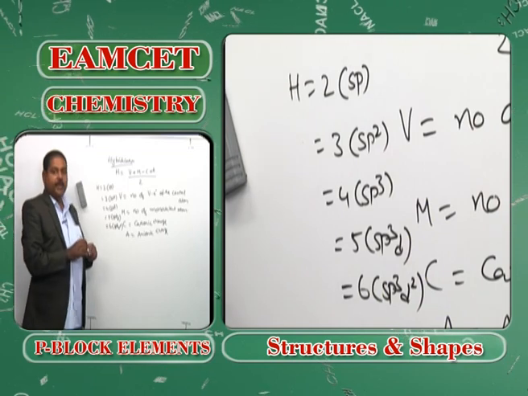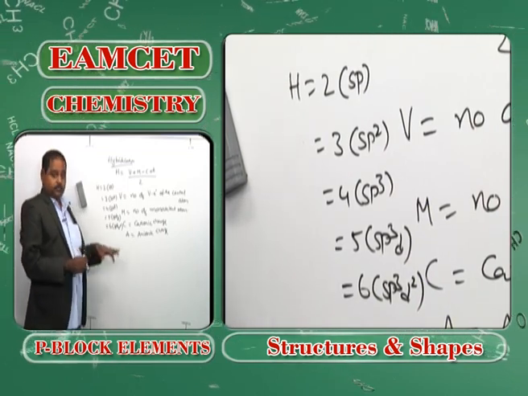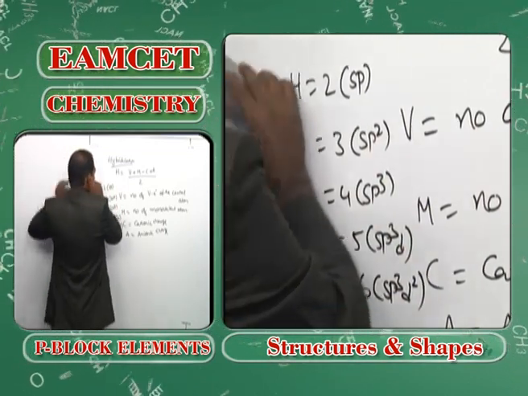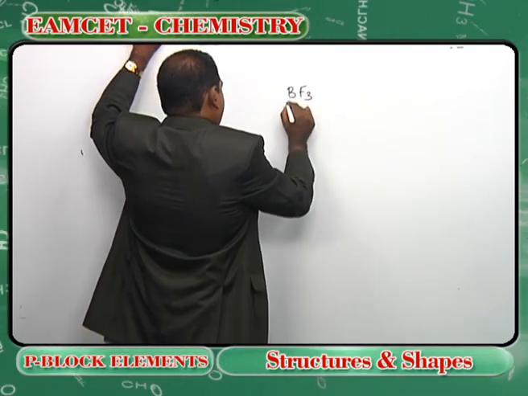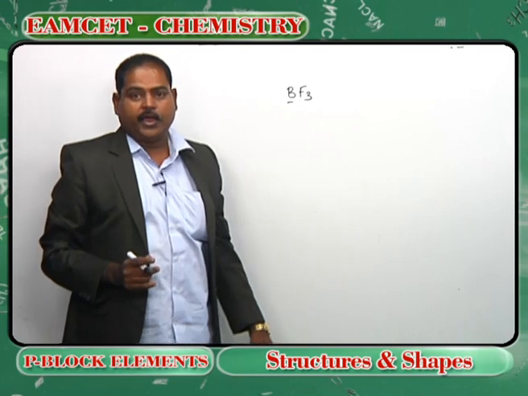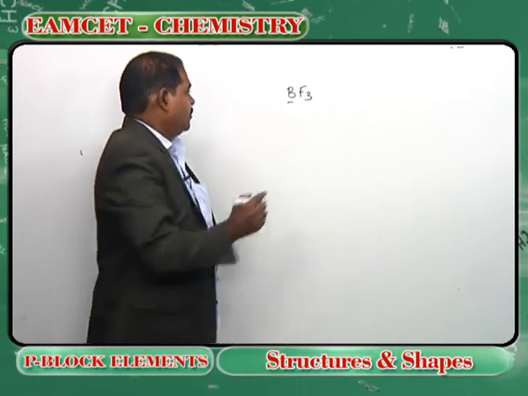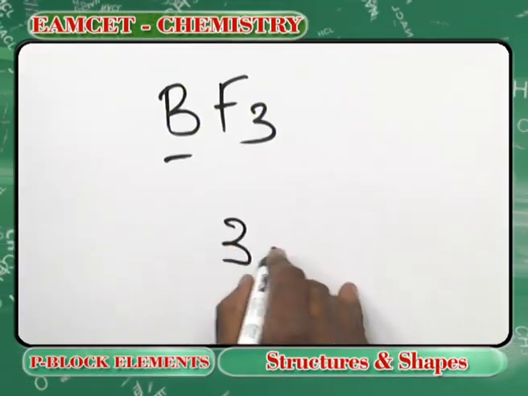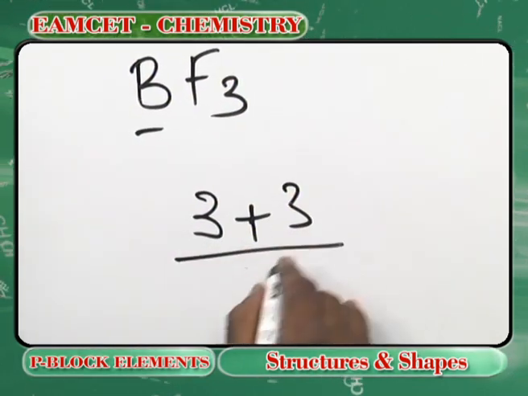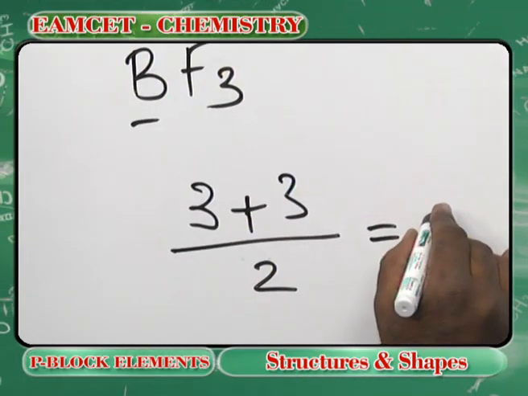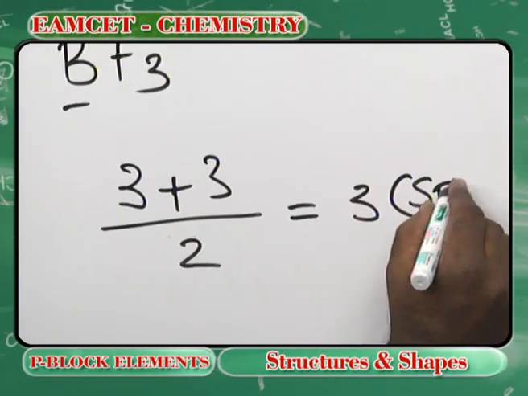So, let us apply this principle, hybridization of non-metals. Boron trifluoride. What is the hybridization of boron in boron trifluoride? Boron belongs to third group, valence electrons 3, and you have 3 fluorines, 3 plus 3 by 2, you get 3, which is nothing but sp2.